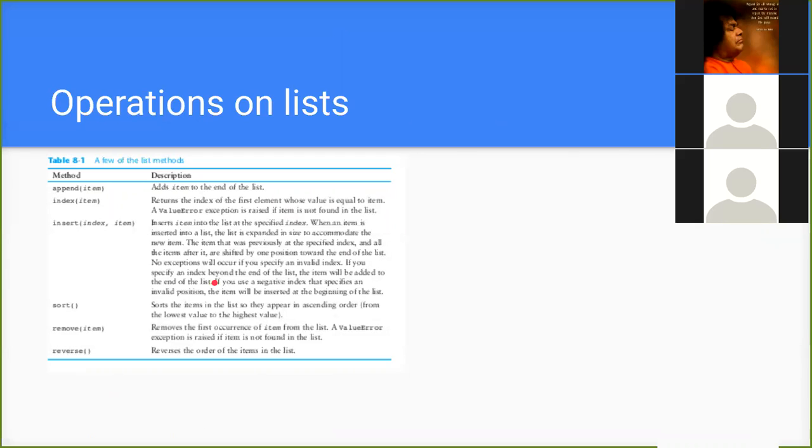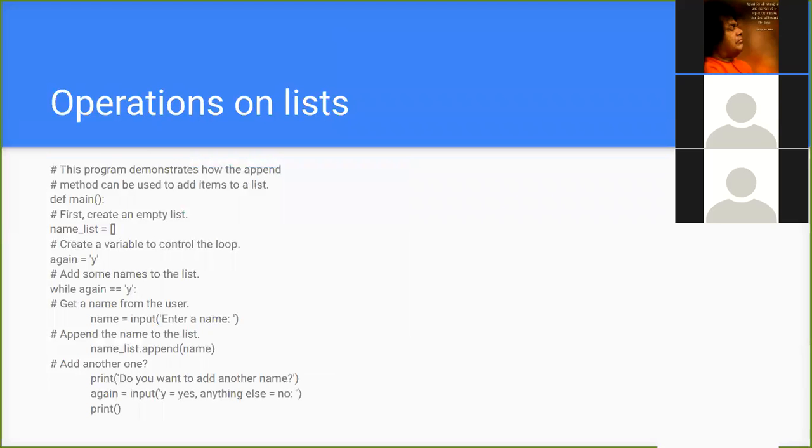Now let us see a few more operations upon lists. We had seen that a list is mutable, which means you could change the values inside a list. It also means that you could expand a list, and you can delete a few items from a list. Let us see how that happens.